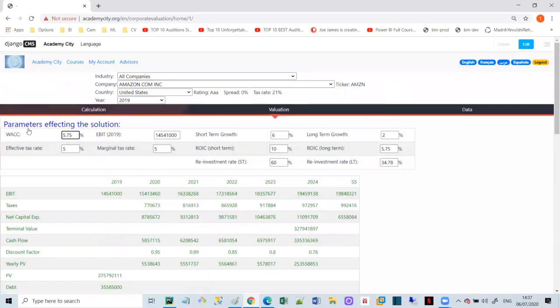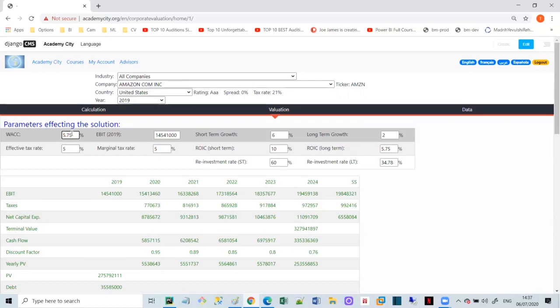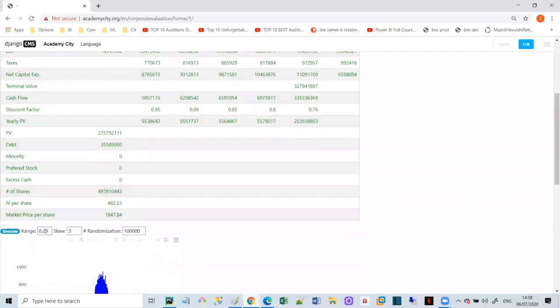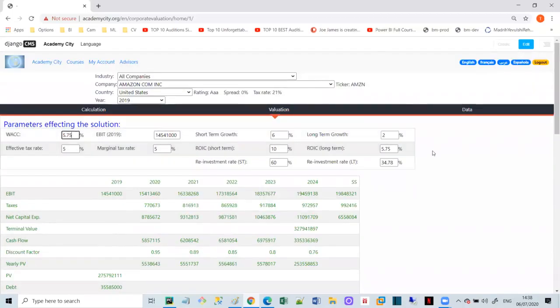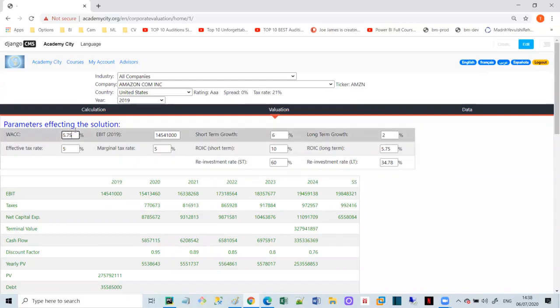If you do it 100,000 times by hand, your hand will hurt. So you can make the computer do it, pick numbers around the range of plus or minus 20%. That's what we're doing here. So plus or minus almost 30%. 29%. Exactly right. So it's picking up numbers around this one.